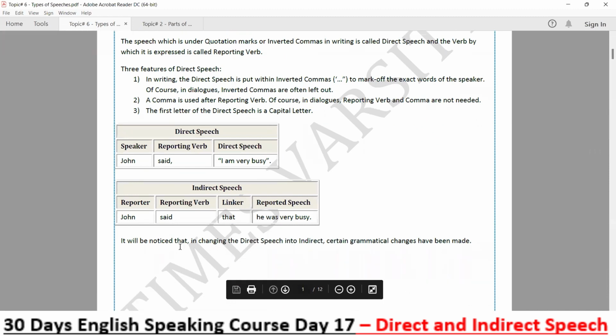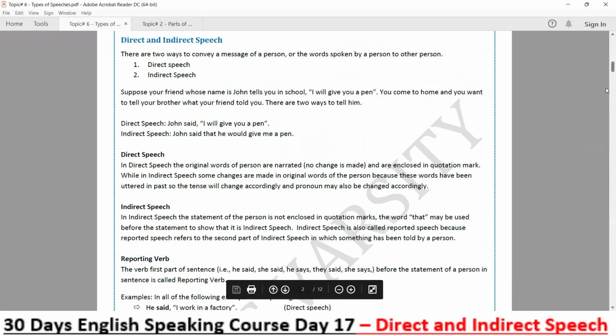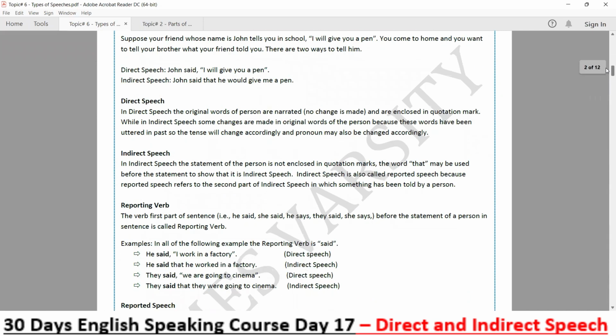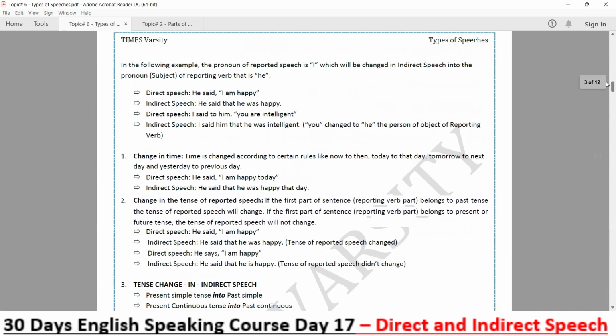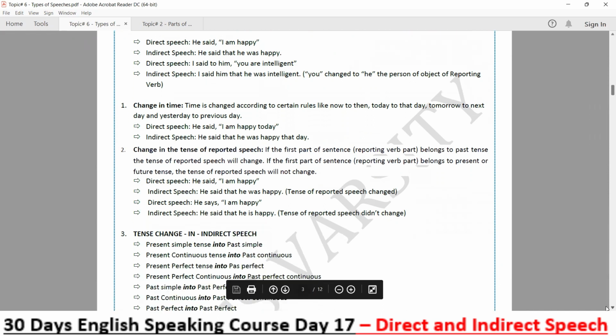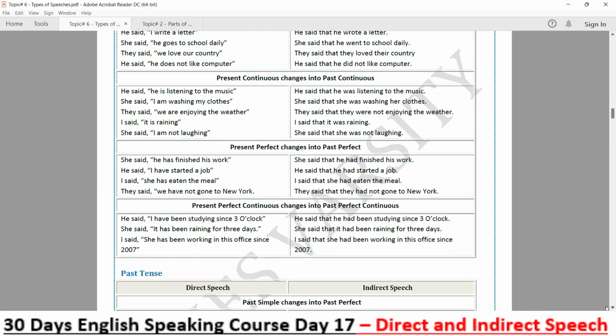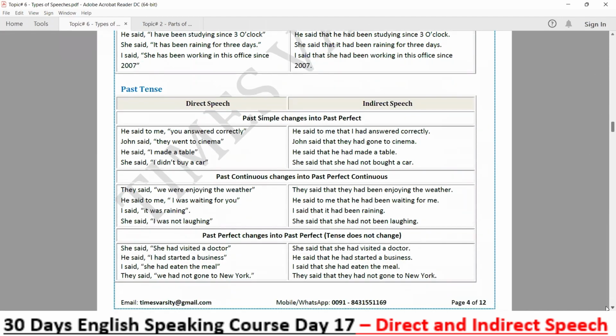It will be noticed that in changing the direct speech into indirect speech, certain grammatical changes have been done. This is already included in the document.